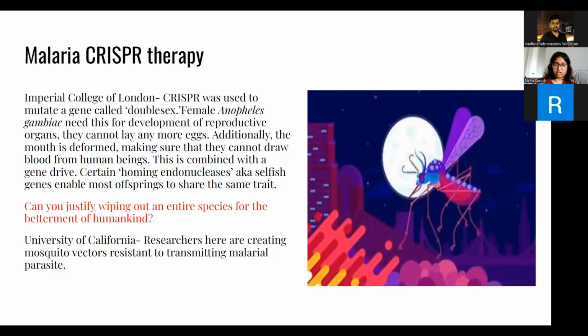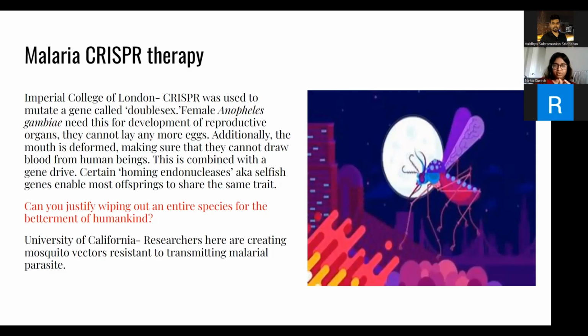A homing endonuclease or a selfish gene makes sure that this trait will definitely be passed on to the next few generations. And most of the offspring will share the trait of the double sex gene being disabled, and the fact that they cannot develop their reproductive organs if and when they're able to proliferate. So we are essentially wiping out this strain of mosquitoes in sub-Saharan Africa.